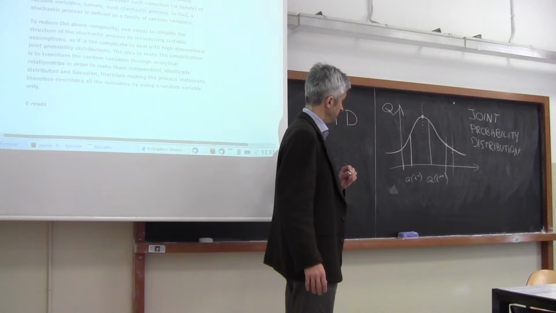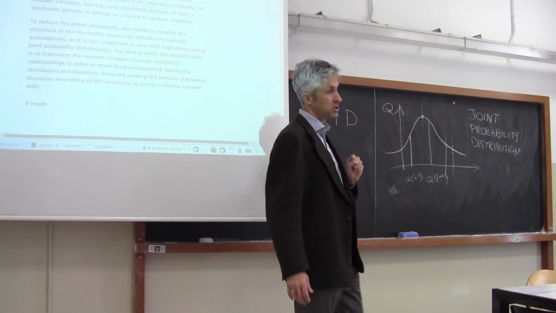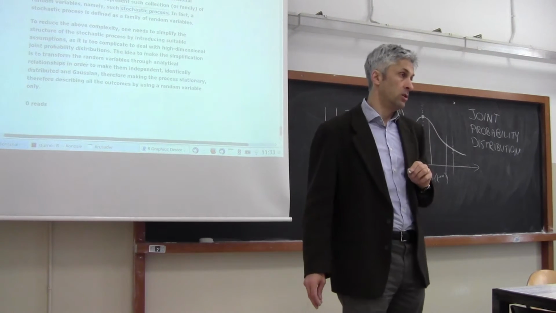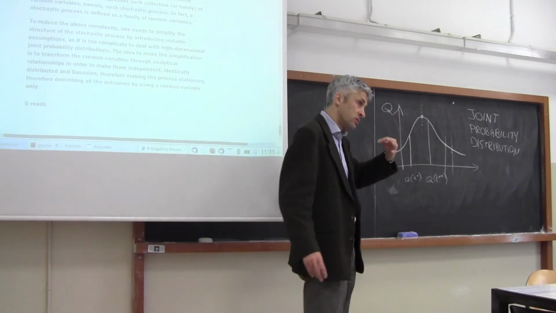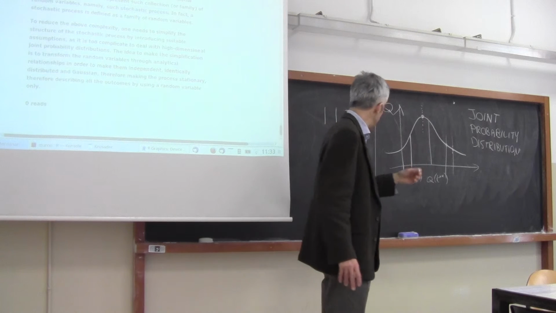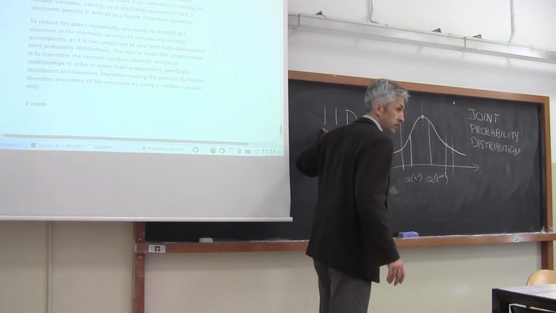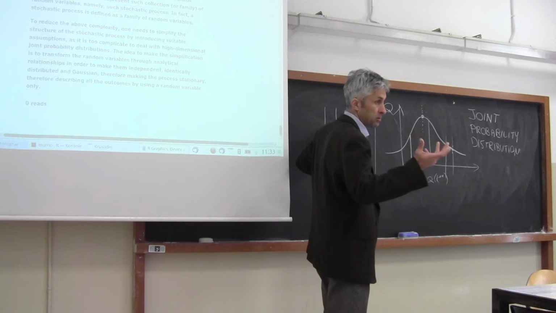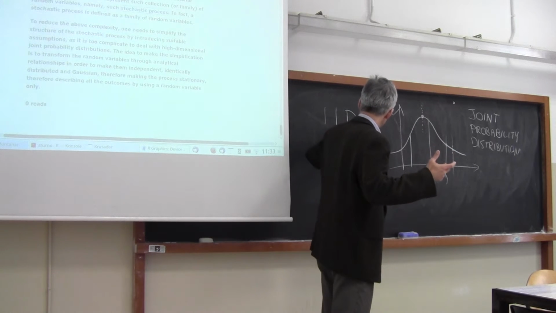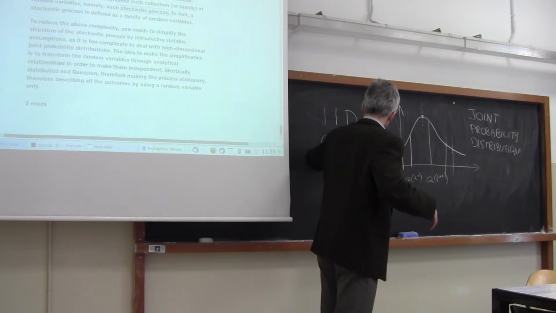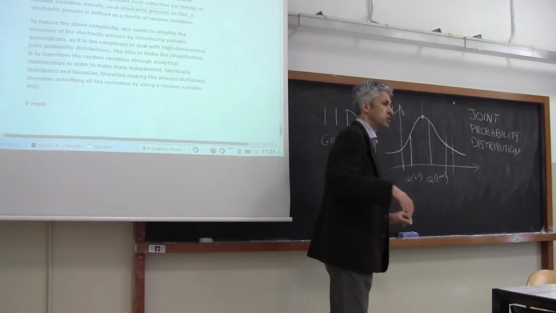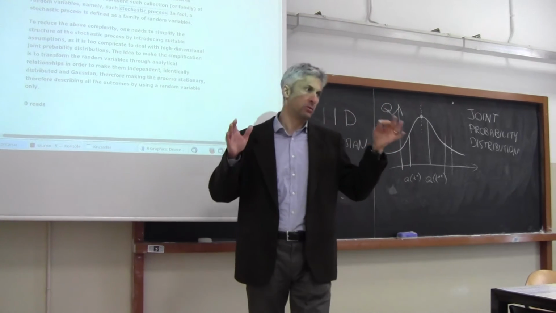And if this transformation exists, or if we look for it, let's also look for a transformation that makes the data not only independent and identically distributed, but also Gaussian. Why is that? Because the Gaussian distribution is easy to deal with.